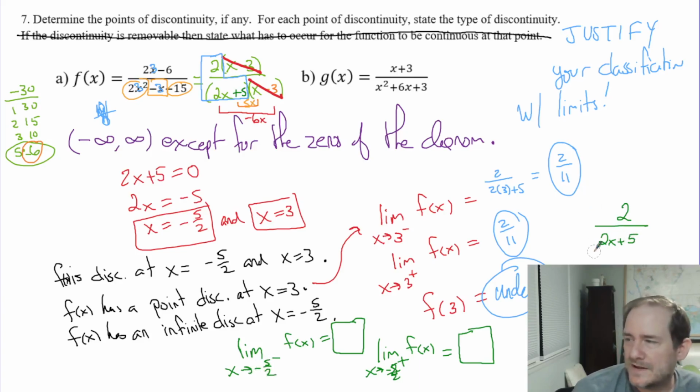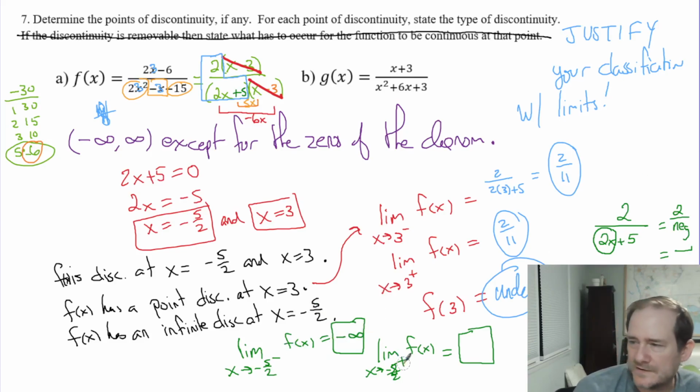If I'm a little less than negative 5 halves, then doubling it will be a little bit less than negative 5. And then if you try to add 5 to that, you'll be a little bit negative. And 2 divided by a thing that's a little bit negative is going to be a thing that is negative. And that implies that my limit is going to be going down, down, down towards negative infinity.